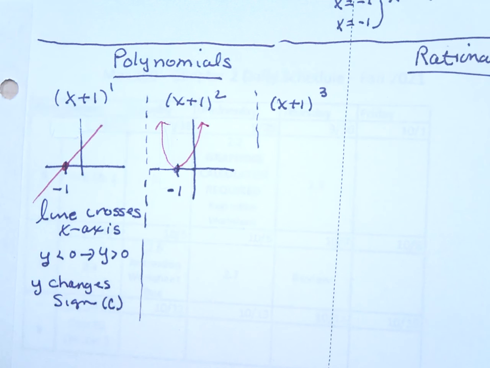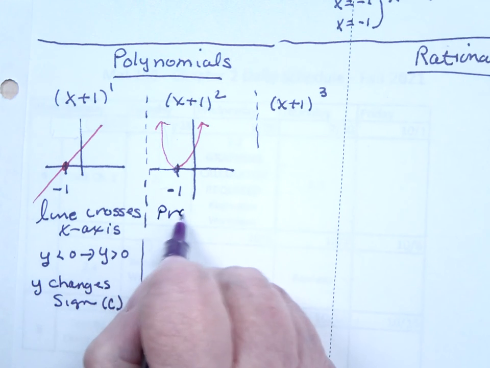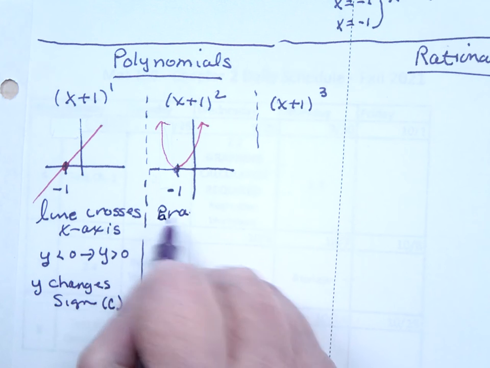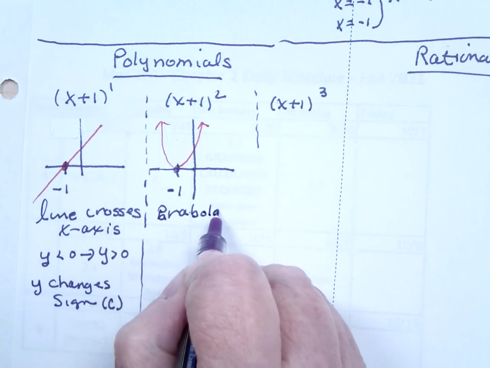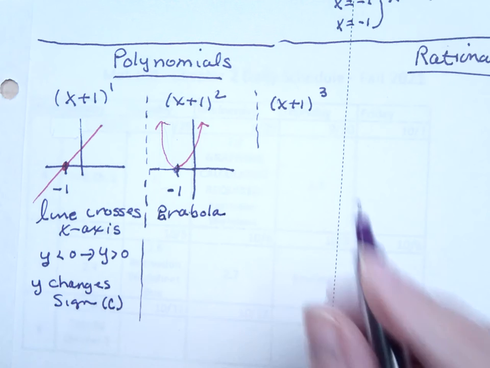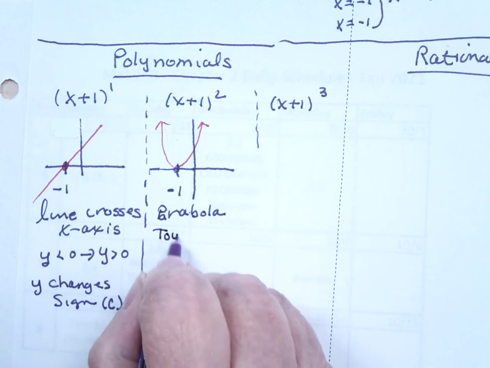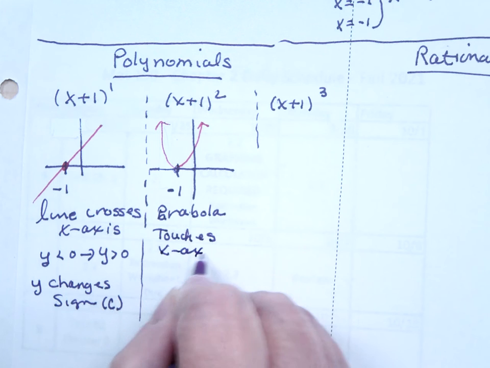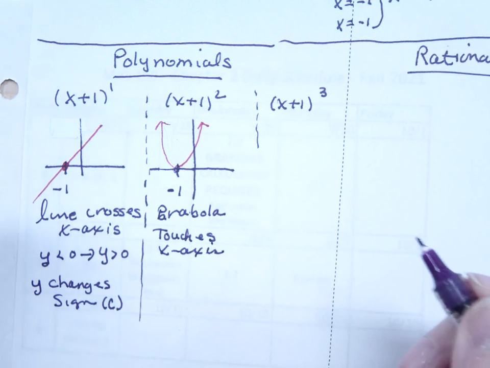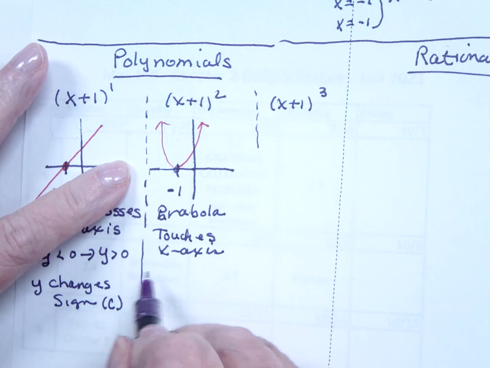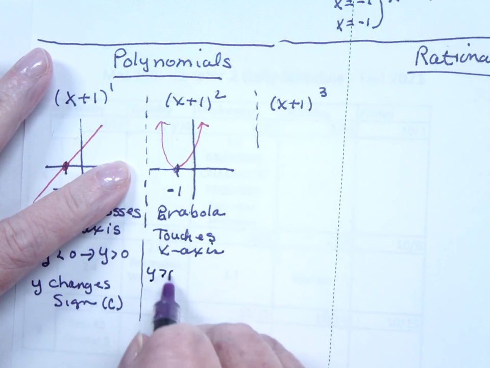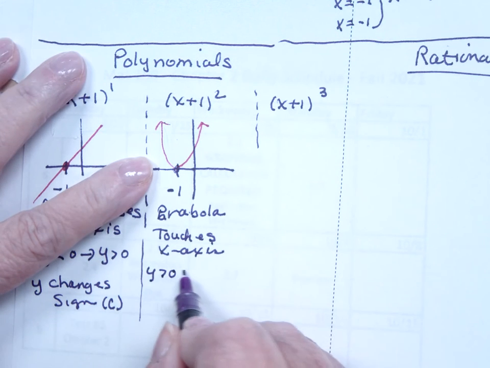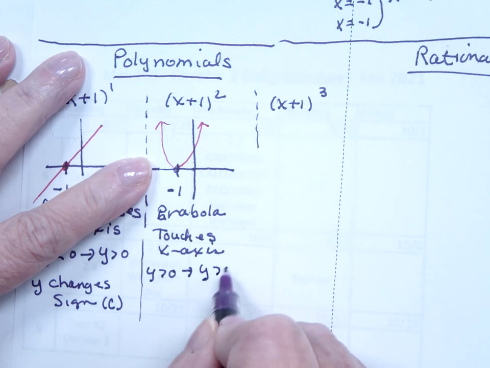That's what it looks like. So I have a parabola, P-A-R-A-B-O-L-A, and what does the parabola do? It touches the x-axis. Now what's significant about that? Well, y is positive, and it stays positive.